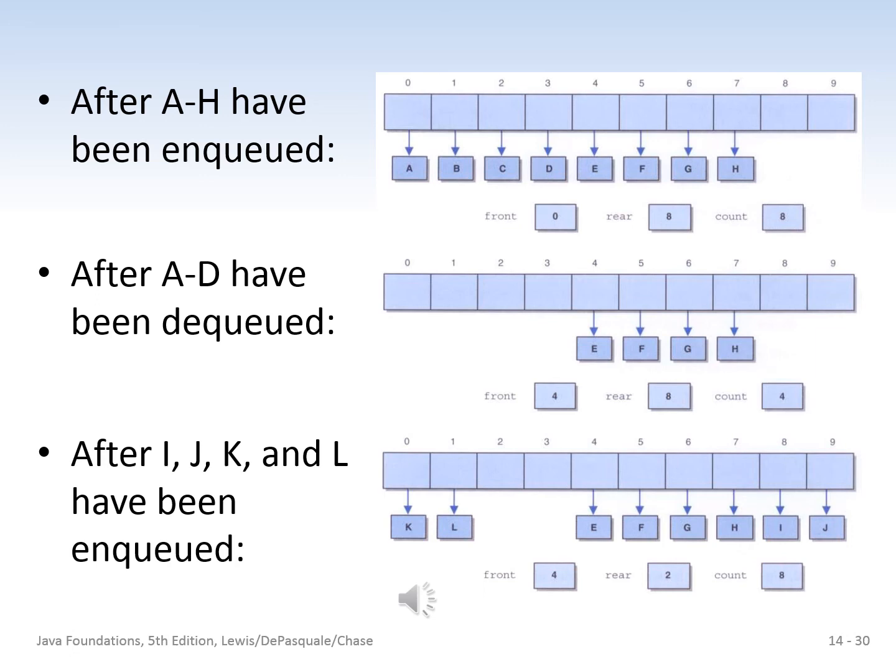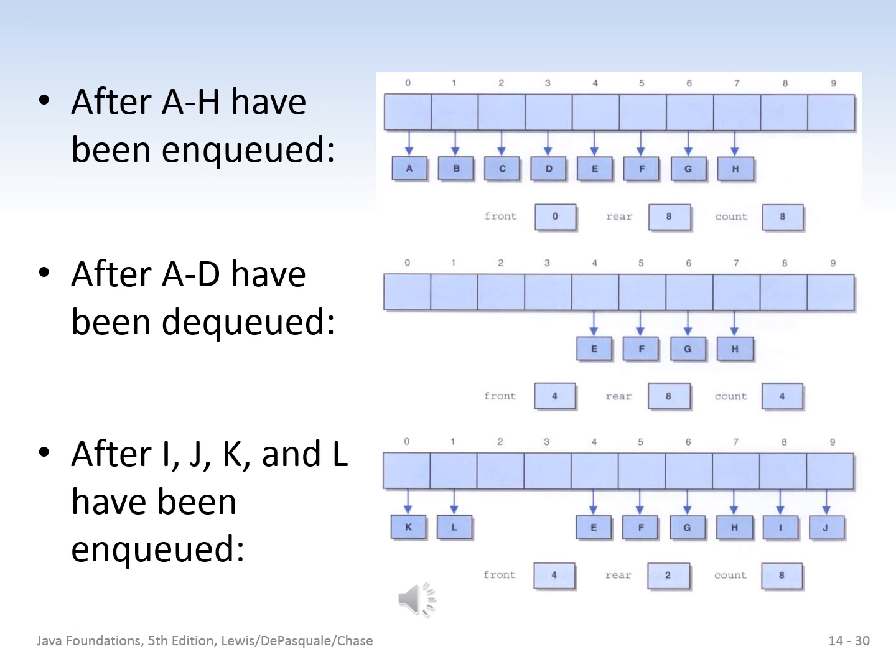A, the first item, was added at index 0, B to 1, C to 2, etc., up to H at index 7. So the variable front holds 0, rear holds 8, count holds 8. Okay? 8 minus 0 is going to give us 8.